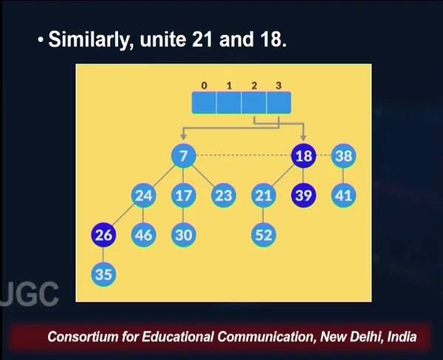They all are mapped accordingly. So when mapped, the cell with index 1 will point towards the tree rooted at 38. The one with index 2 is pointing towards 18, and the one with index 3 is pointing towards 7.